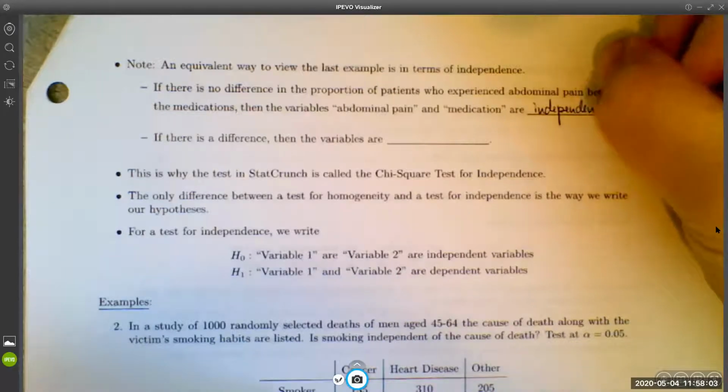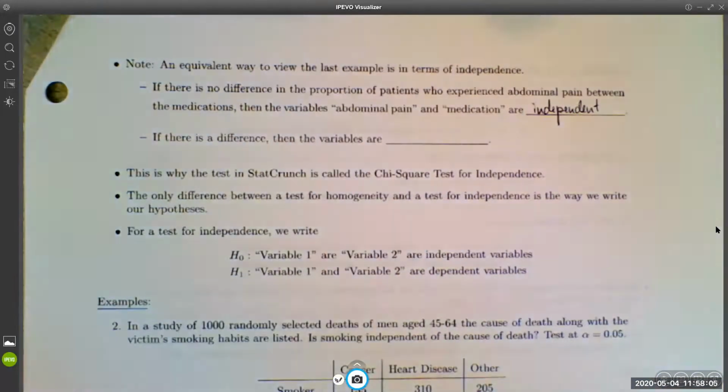Let me say that a different way. Okay, so another way to say that is if the type of medication that you take doesn't affect whether or not you experience abdominal pain, then abdominal pain and medication are independent variables. That's just the definition of what it means for variables to be independent, right?